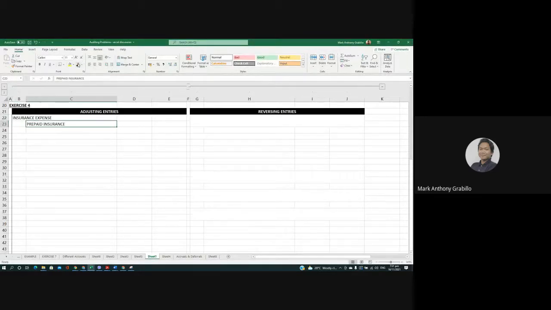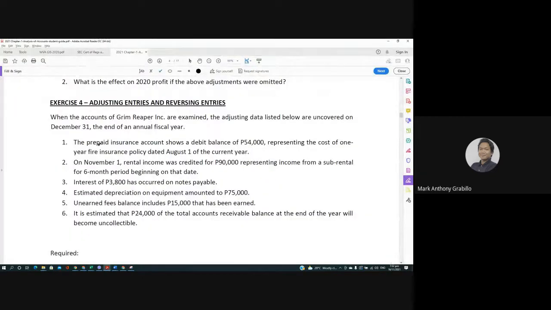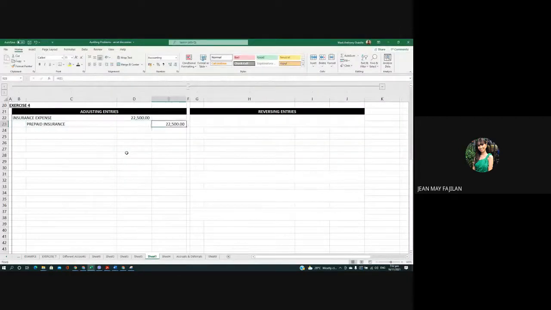Magkano po? 22,500. Okay. And then, pwede bang i-reverse ito? Hindi po, kasi asset method ang ginamit. So, therefore, no entry.